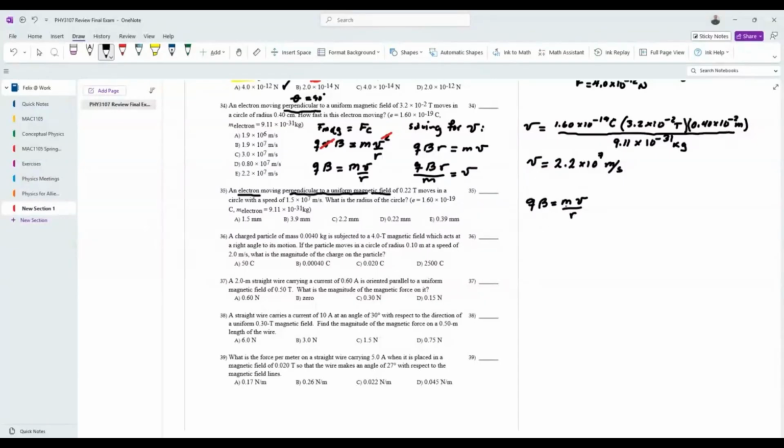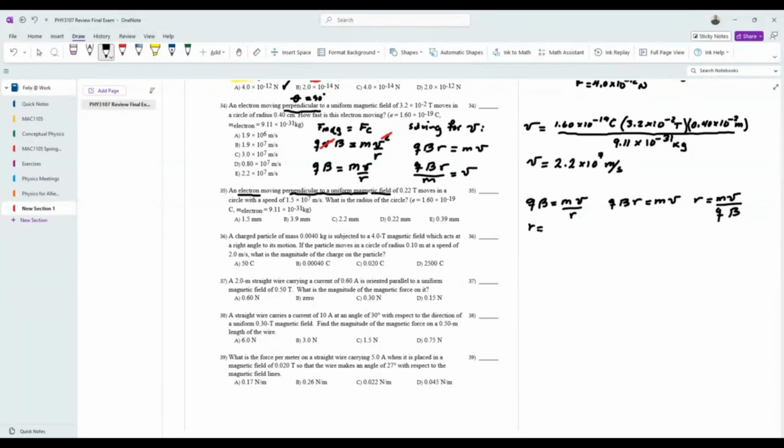So if you want to solve for the radius here, you can say that Q B times R is equal to mass times the speed of the electron. So you can say that R is equal to the mass times the speed of the electron divided by the charge of the electron times the intensity of the field.